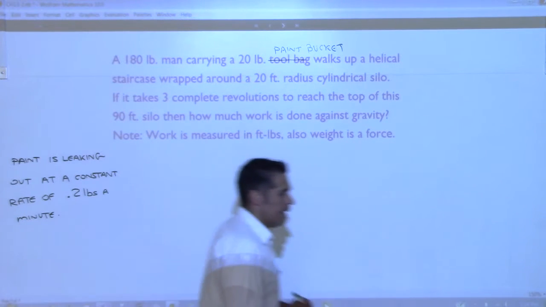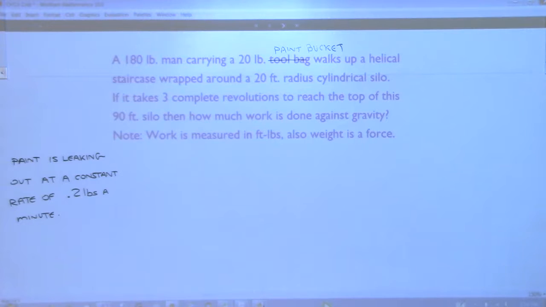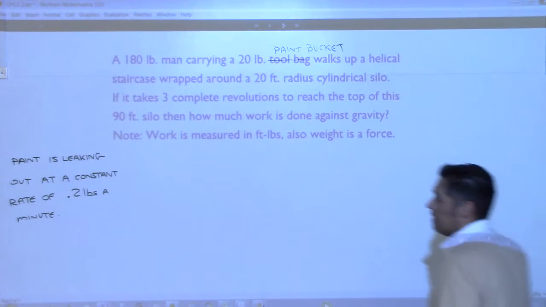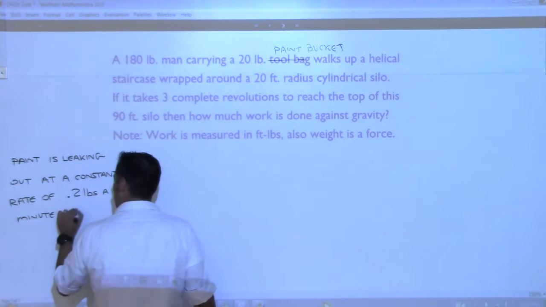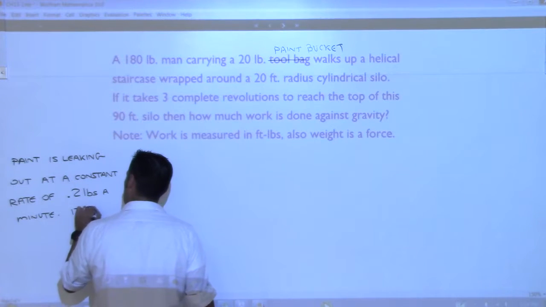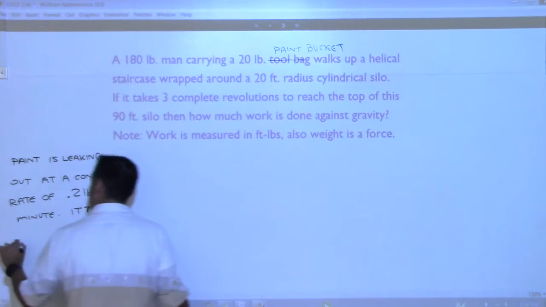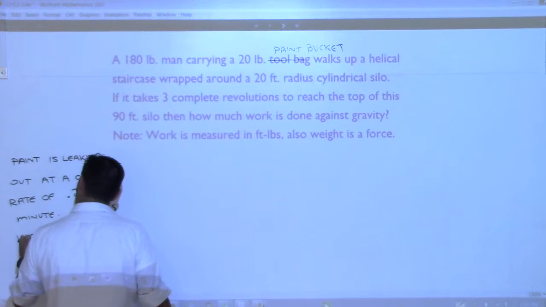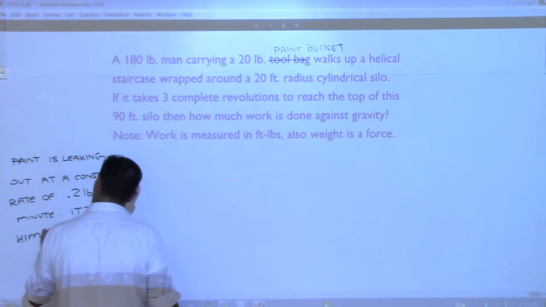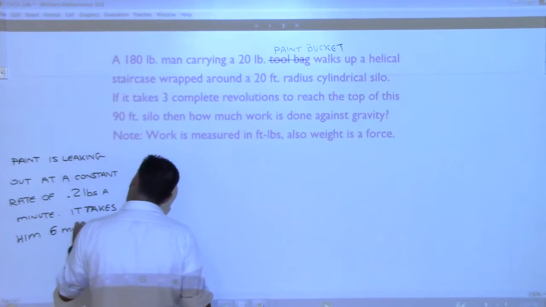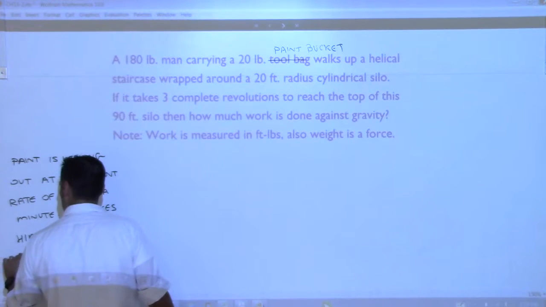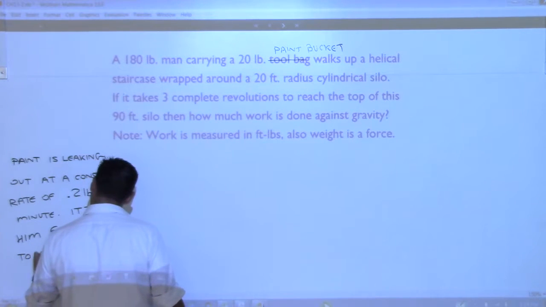And there's another thing I need to add to this. It takes him 6 minutes to climb to the top.